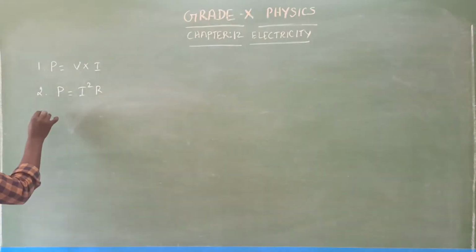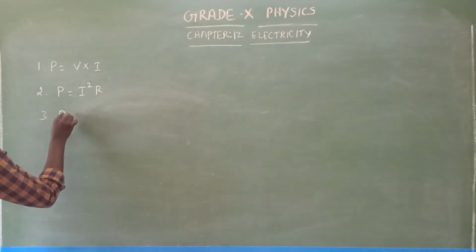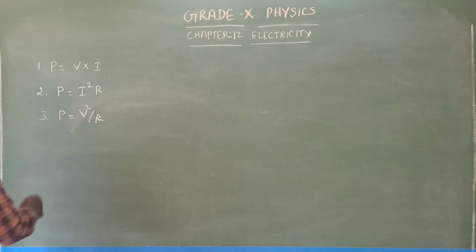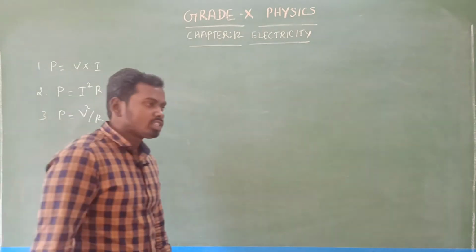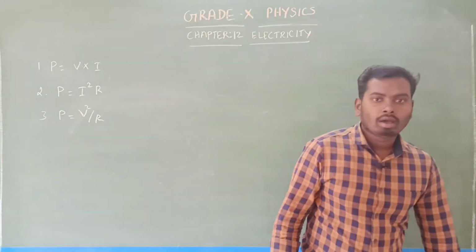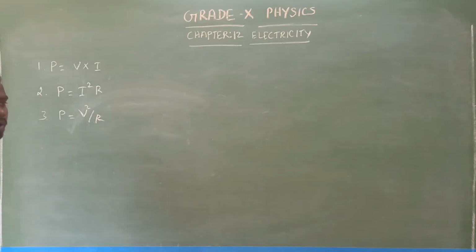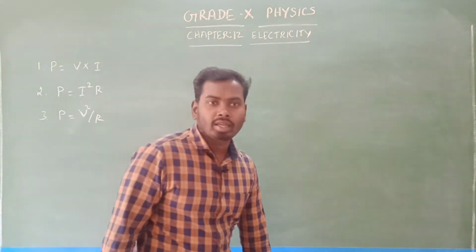And the third one is P = V squared divided by R. Is it clear? So there are three formulas for calculating electric power.